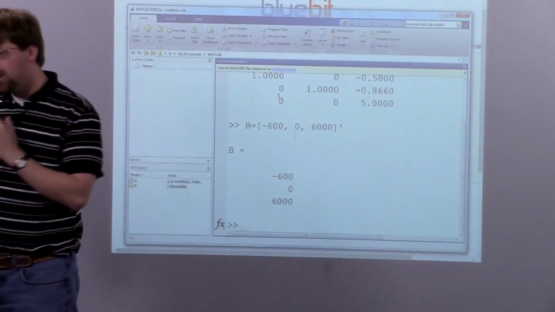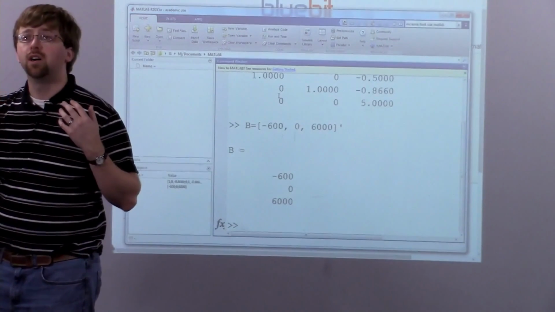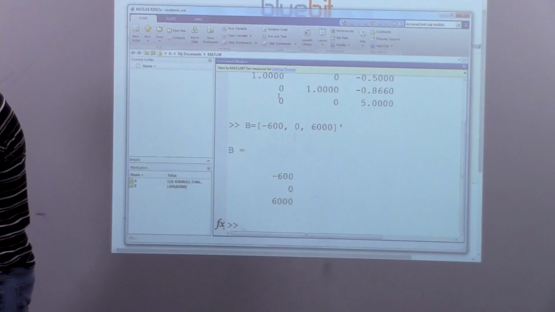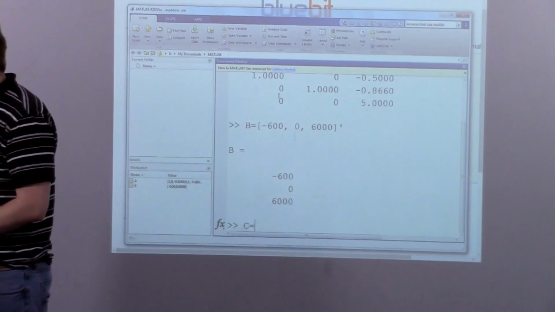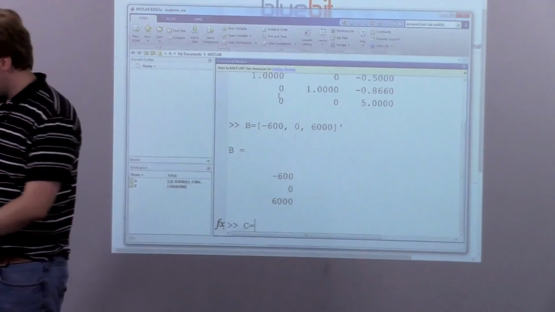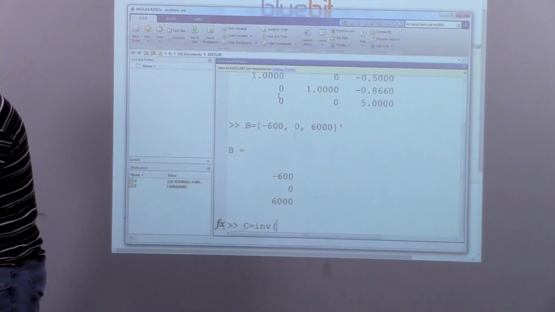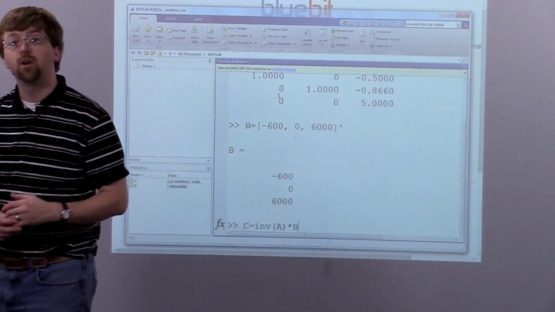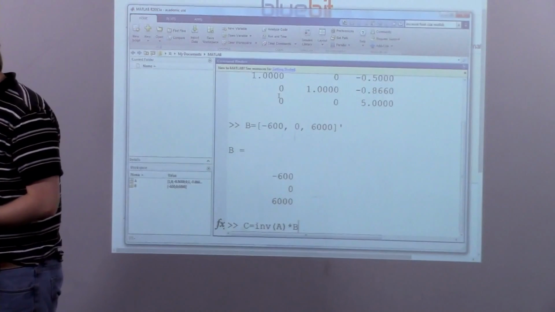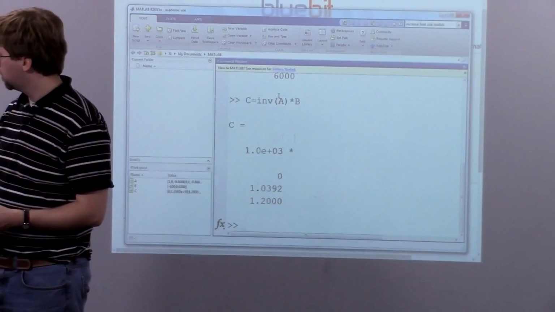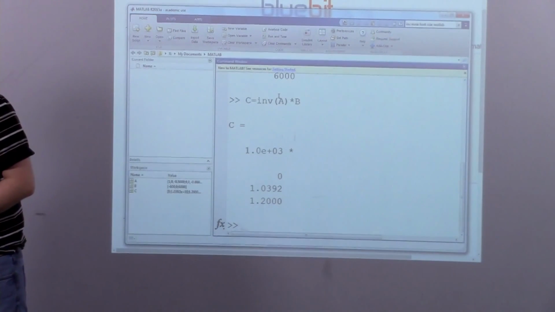So for the last part, I'm going to do the C. So my answer is going to be equal to the inverse of A, and the inverse of a matrix, I just use INV, put matrix A times B. So A inverse B, and if I hit enter, I should get my answer here.